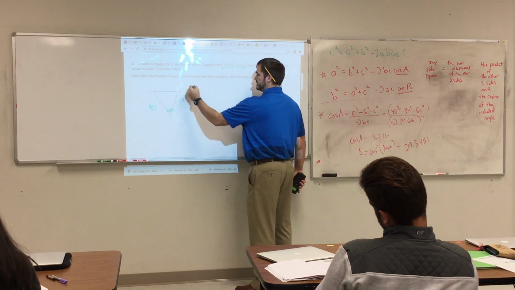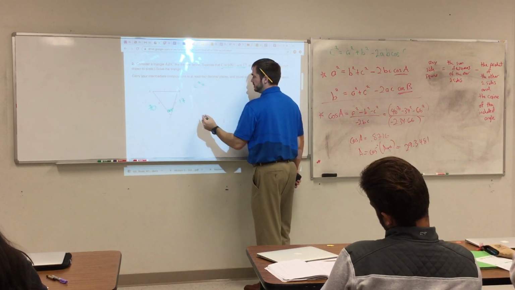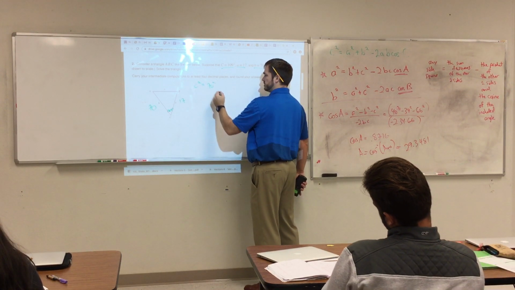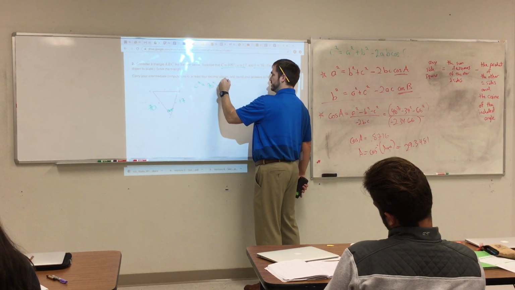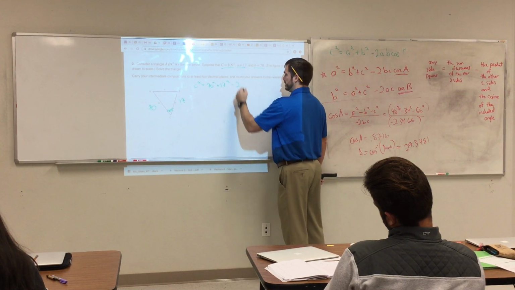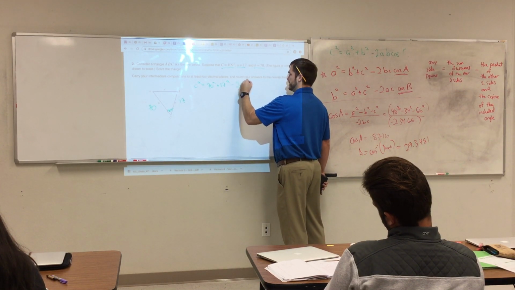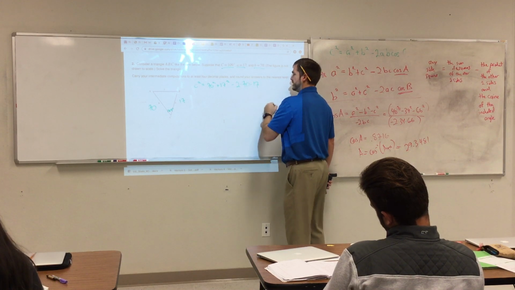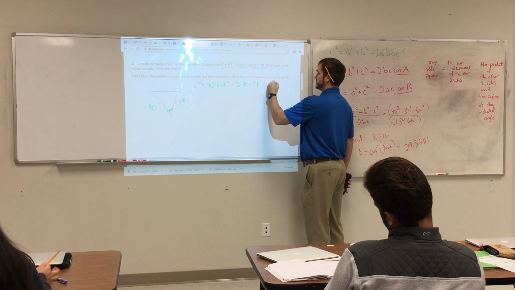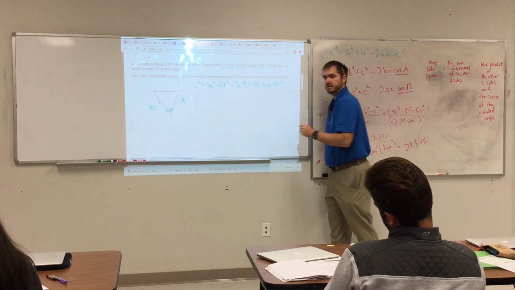We're going to say c squared is equal to the sum of the squares of the other 2 sides. 70 squared plus 17 squared minus 2 times their product, so 2 times 70 times 17, and the cosine of the included angle, cosine 109.